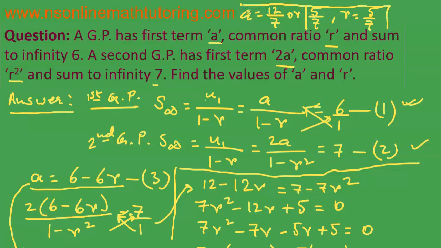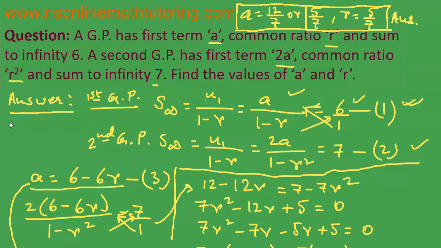If you want, you can check the validity of these values that we have got. If we just take the very first one, A over 1 minus R equal to 6, let us check the validity of these values just by substituting these values in the very first equation.